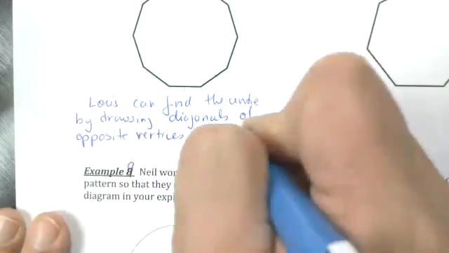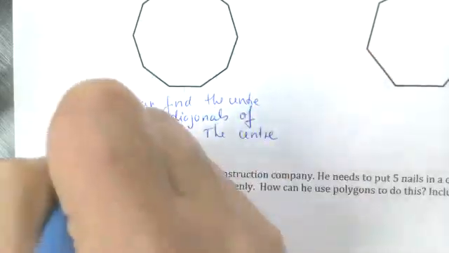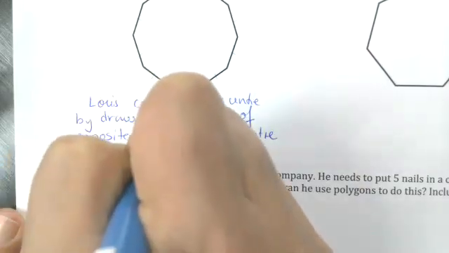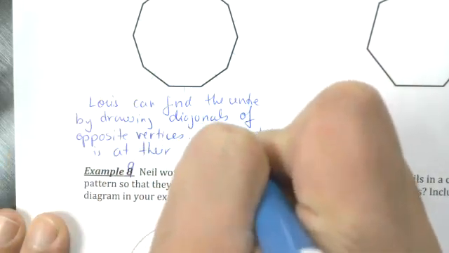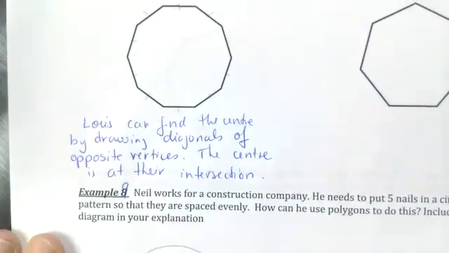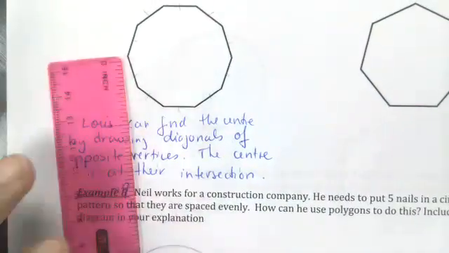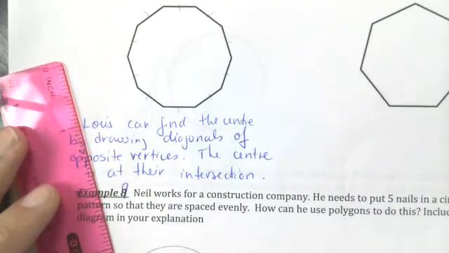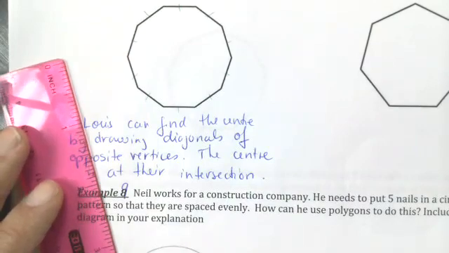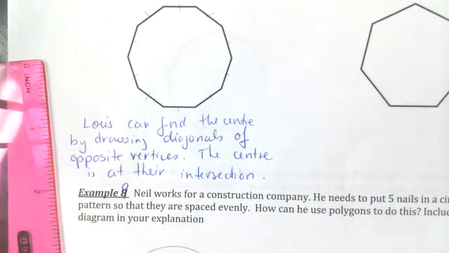The center is at their intersection. Now choose a couple diagonals or 3, so 2 at least, right? And then 3 if you want extras. So Louis can find the center by drawing diagonals of opposite vertices. The center is going to be at their intersection.